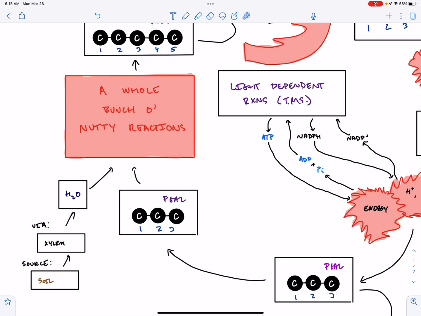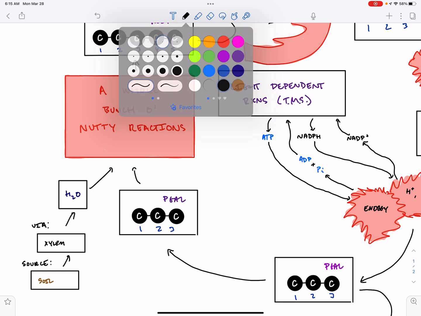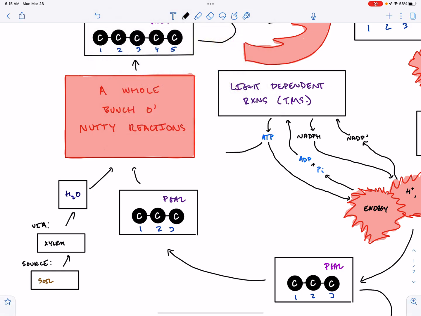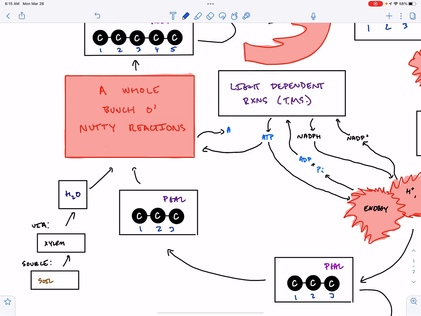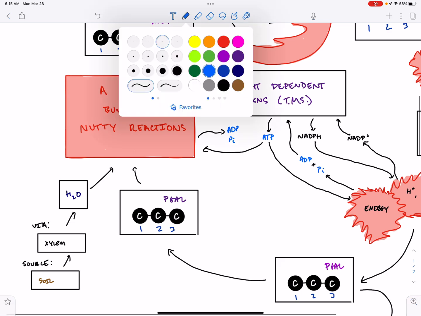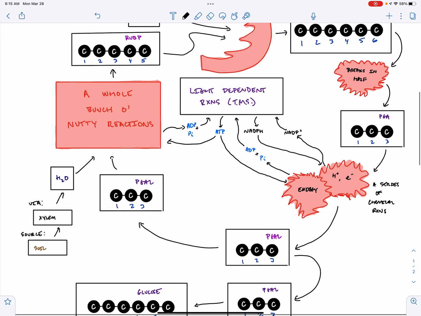And a whole bunch of reconfiguration reactions take place, supplied with a little bit of ATP from the light-dependent reactions. And again, we get back out some ADP and phosphate, which is going to be sent back to the light-dependent reactions to be charged back up into ATP again.